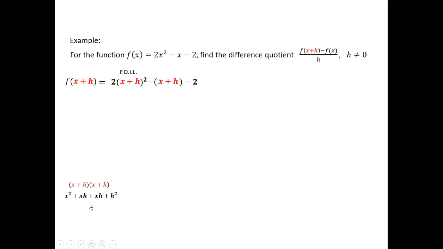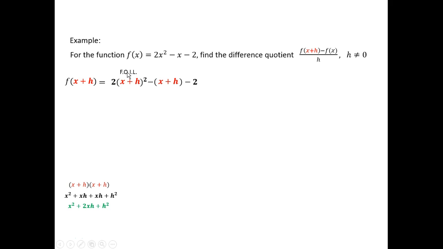Combine your like terms right here in the middle. You get x squared plus 2xh plus h squared. So this part of the problem, just the x plus h squared, comes out to be this green part, x squared plus 2xh plus h squared.